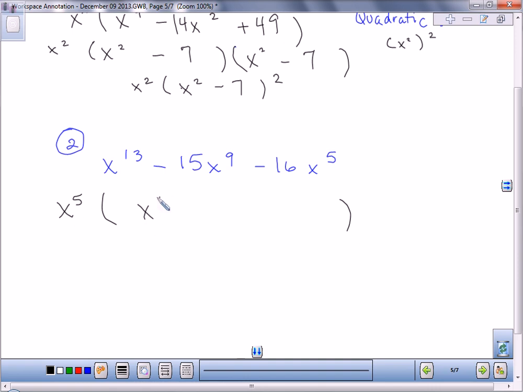X to the 8th? X to the 4th? Okay. It is not a quadratic, but can I think about it in quadratic form? Yes. This is what being squared? X to the 4th. So how can I factor, or will it even factor, this trinomial further?